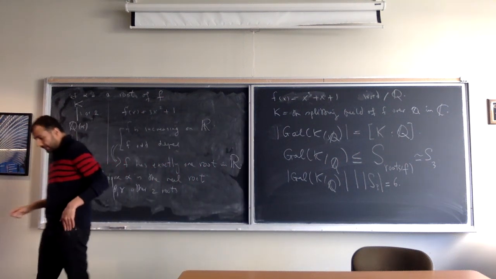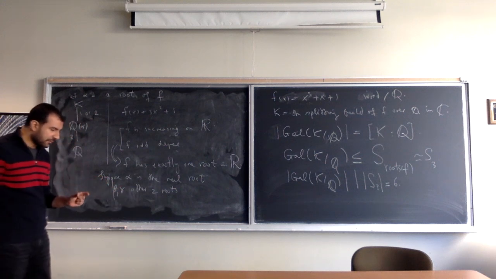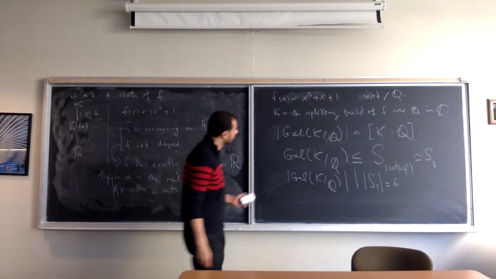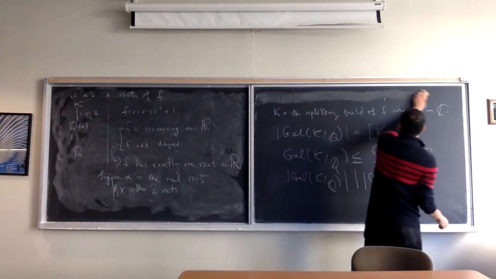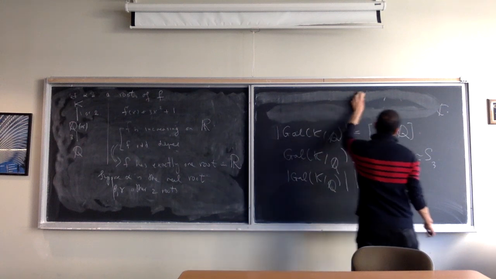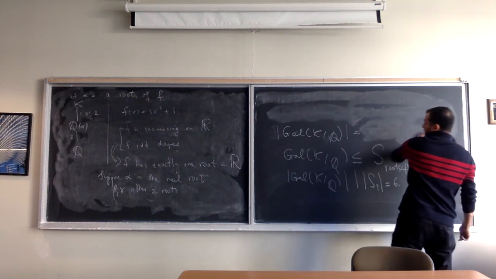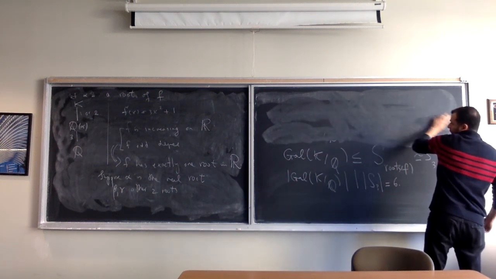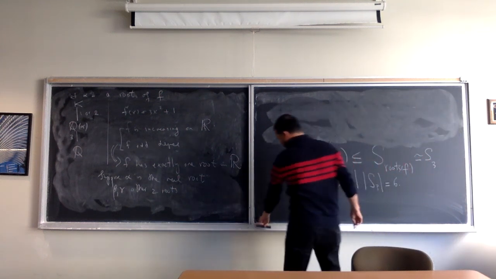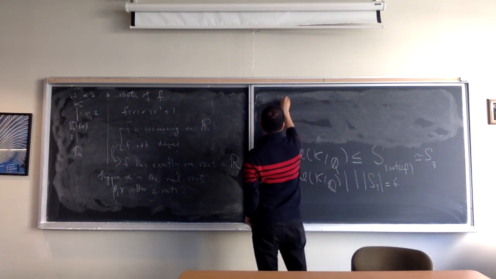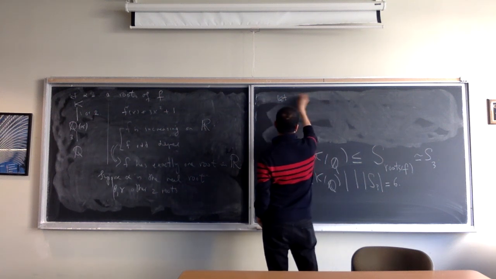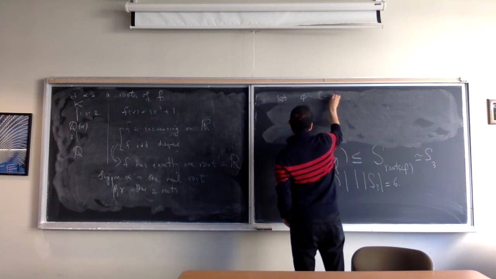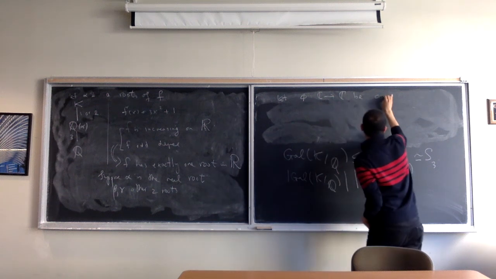Now think about complex conjugation. Complex conjugation fixes Q, and hence the coefficients of f. So let phi from C to C be complex conjugation.